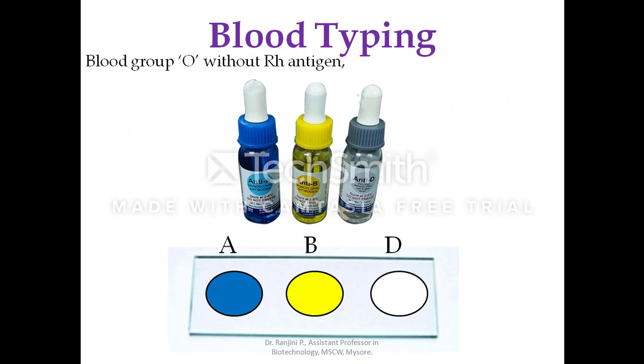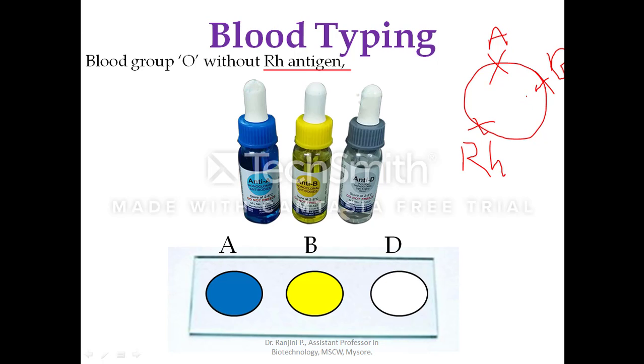Next, if the person does not have the antigens A and B, but carries anti-A and anti-B antisera in his blood serum, and in addition is not carrying the RH antigen either. On the surface of the RBC, you don't have A, you don't have B antigen, and the RBC is also not carrying the RH antigen.